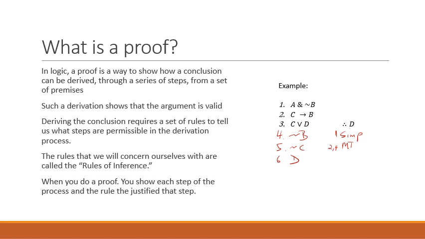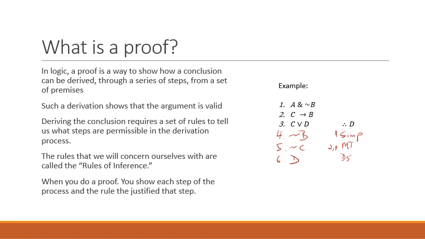What disjunctive syllogism says is if you have a disjunction, an or sentence, and you can eliminate one of those disjuncts, in this case C, then you can derive the other. So in this case, C or D would be P or Q. Line 5 would be not P, and then line 6, D, would be Q. It fits that disjunctive syllogism pattern.